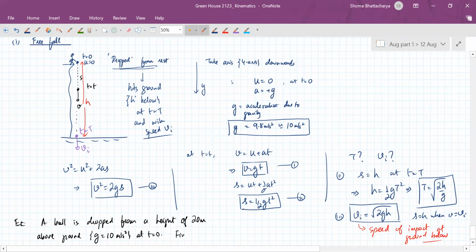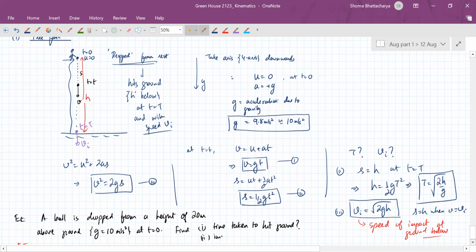So you have to find the time taken to hit the ground below, and the impact speed. We have to also find the displacement at t equal to 1 second.